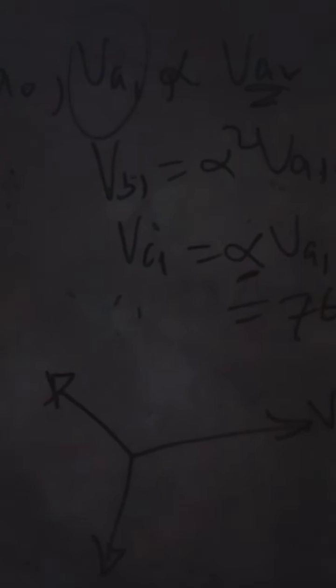And when you want to do VB2 and VC2, VA2 is this, then you use the negative sequence phasors. Your VA2 is the reference, because they said taking A as our reference.